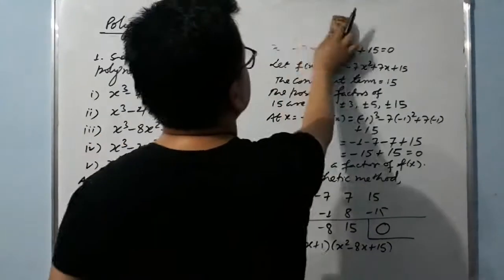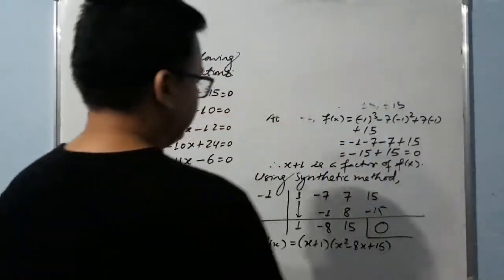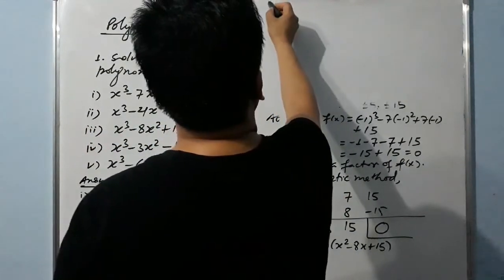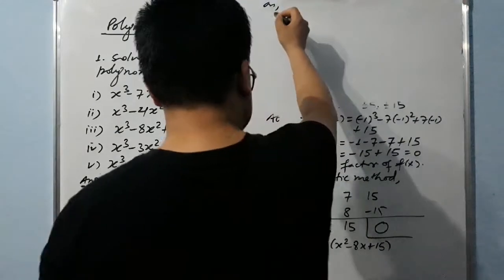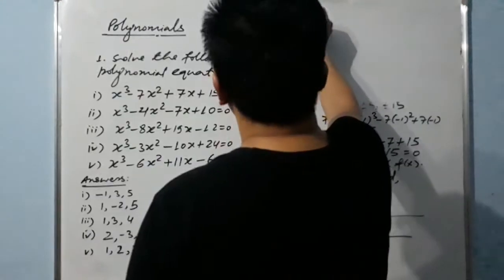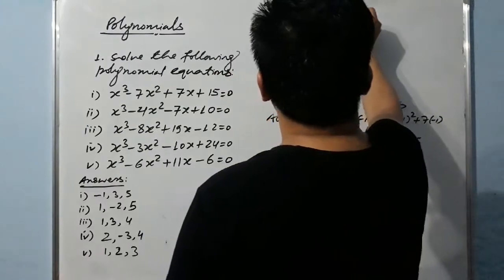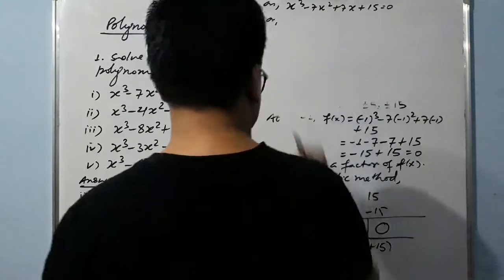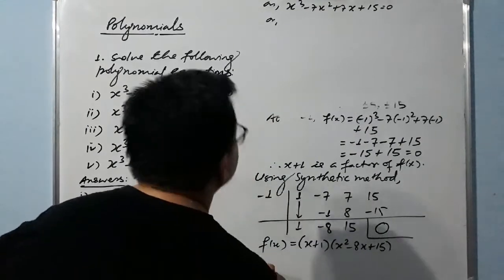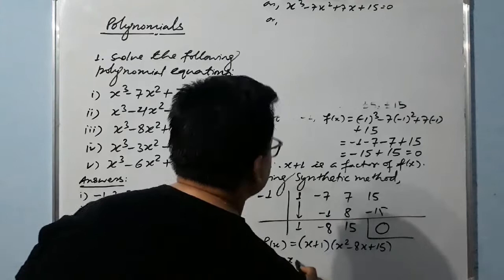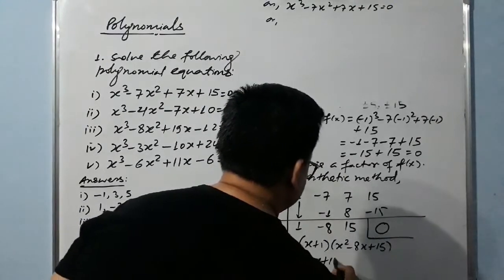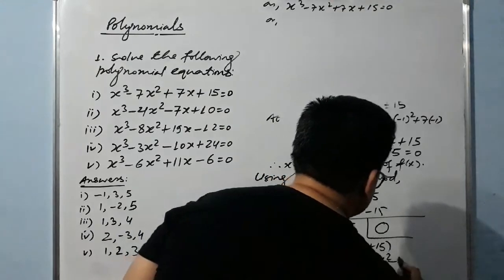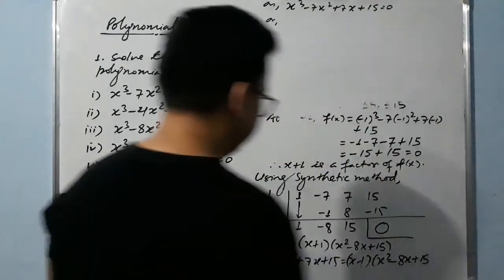Now I'm going to use this. What is f of x here? x cube minus 7x squared plus 7x plus 15 is equal to 0. So here you may write x cube minus 7x squared plus 7x plus 15 is equal to x plus 1 into x squared minus 8x plus 15.